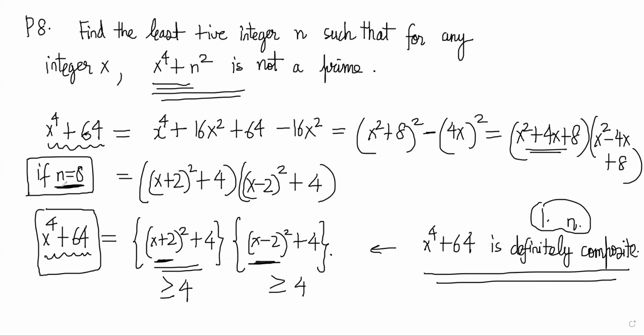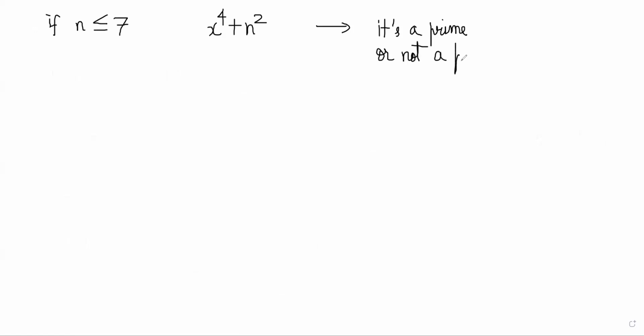So let's think about it. What we want to check is that if n is less than or equal to 7, then x power 4 plus n square, whether it is a prime or not a prime. We already know that when n is equal to 8, x power 4 plus n square is not a prime.